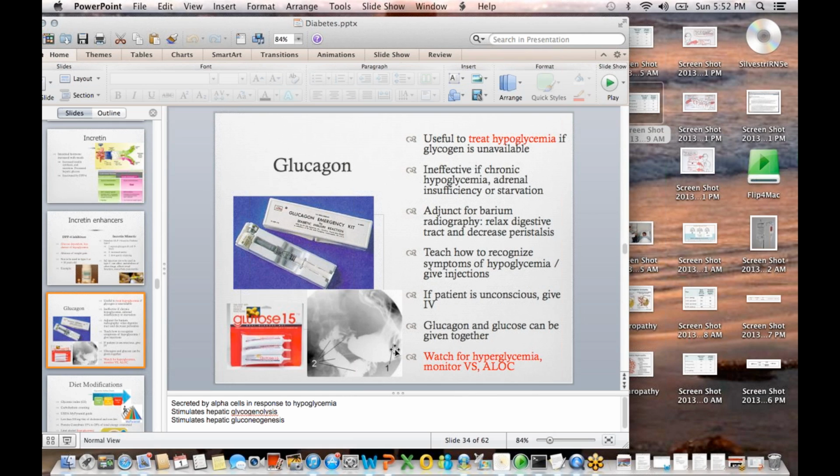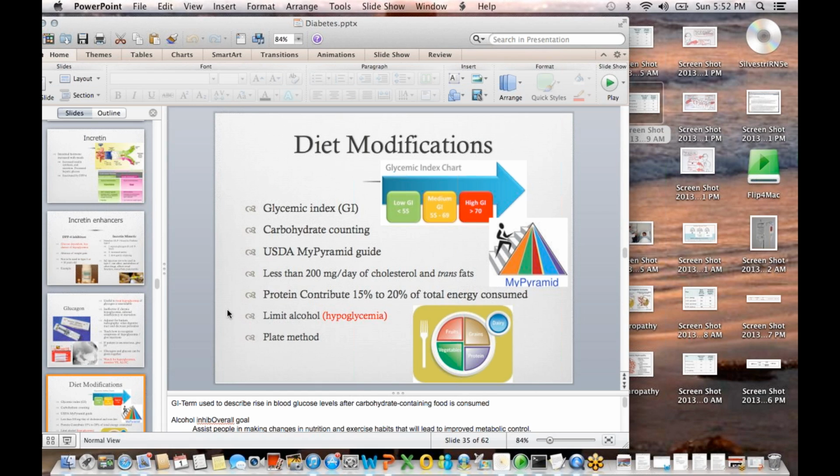Any person that's diabetic should always have something on hand for low blood sugar reactions in case they're not around food. Important teaching points are to recognize the signs and symptoms of hypoglycemia and when they should be giving these injections. In the hospital, you can give this IV, or IV D50, to raise the blood sugar levels.